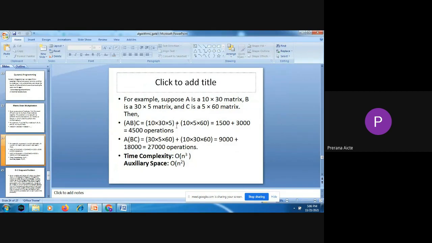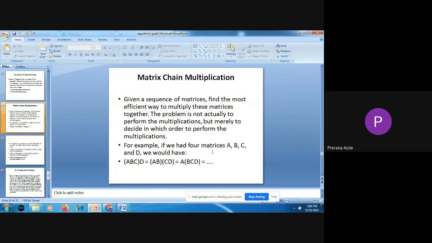For example, suppose 4 matrices are given: A, B, C, D. To multiply those 4 matrices, first I can multiply AB and then multiply the result with C and then the result with D. Otherwise I will multiply AB matrices and again multiply CD matrices and then multiply the product of the resultants of those two matrices, or I can follow some other order.